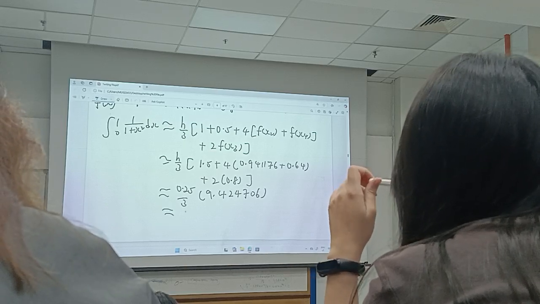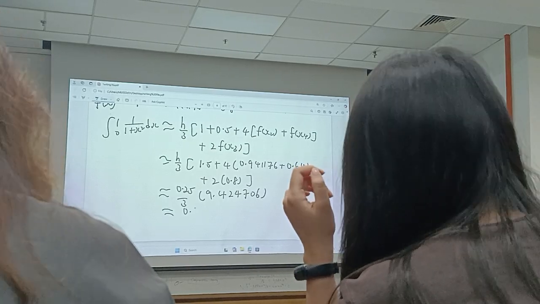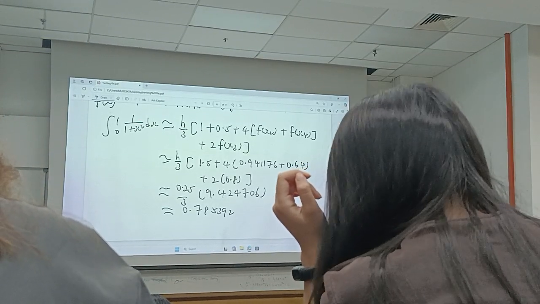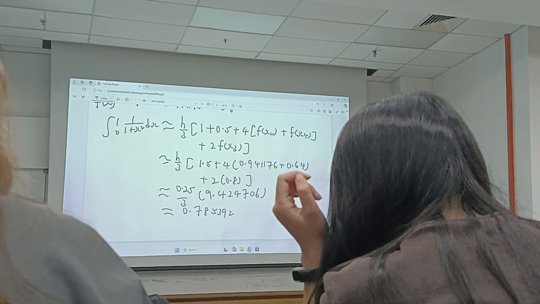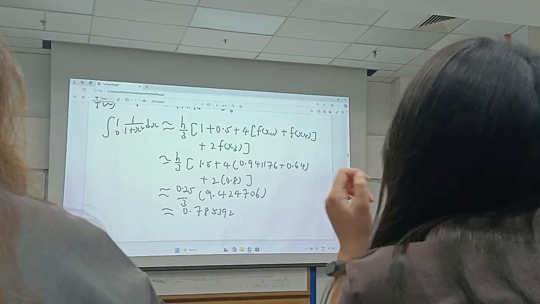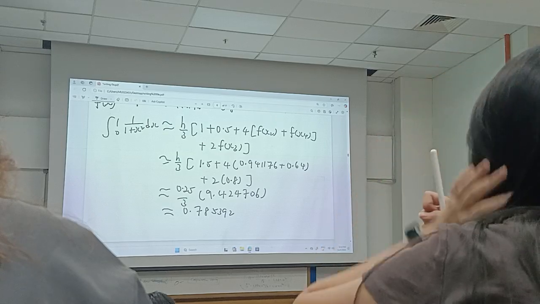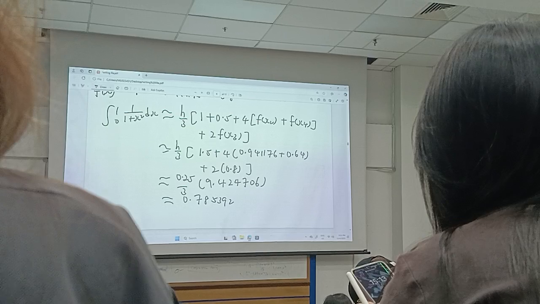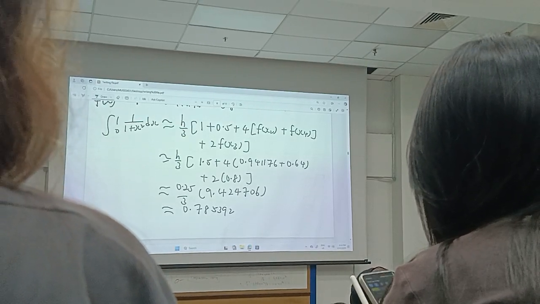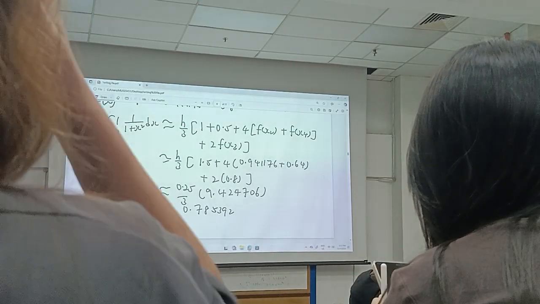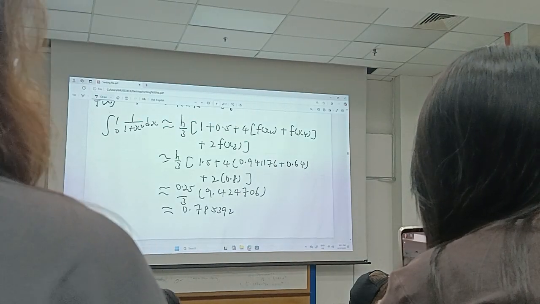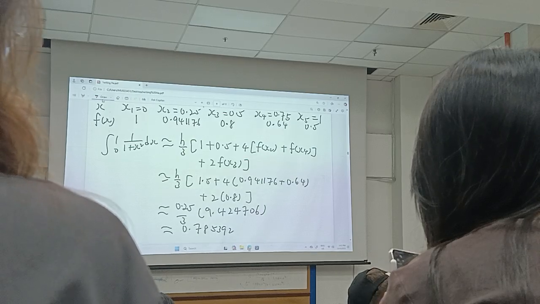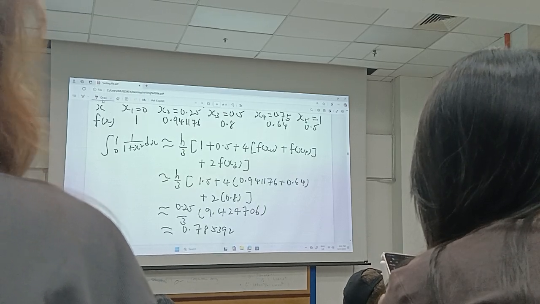So press calculator, you'll get around this figure 0.785392. Okay, so this is Simpson's rule.